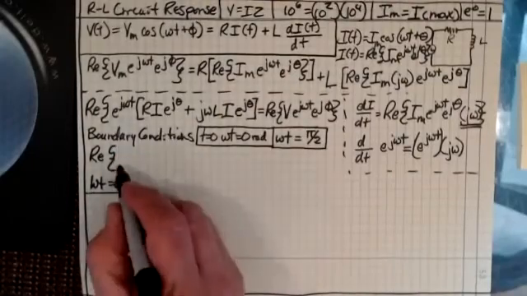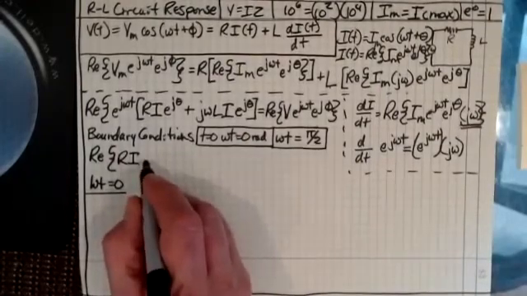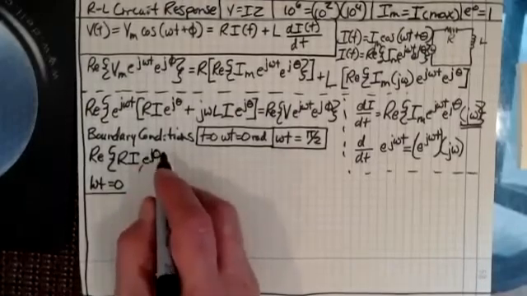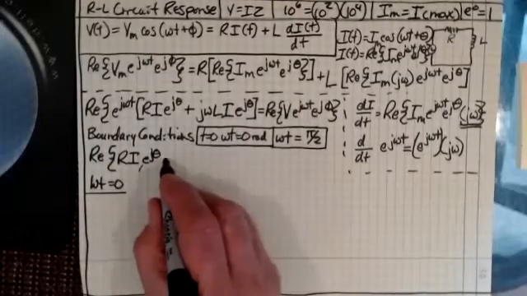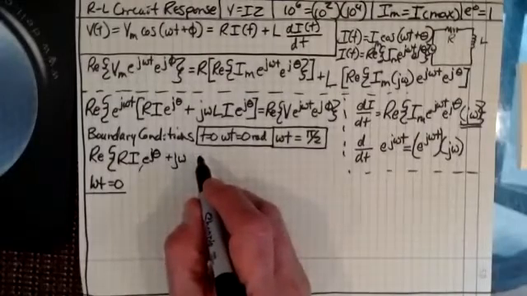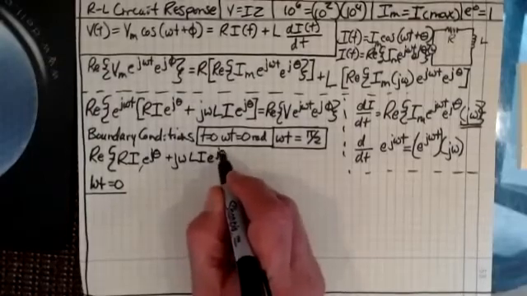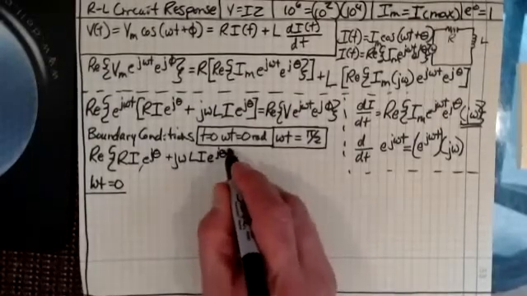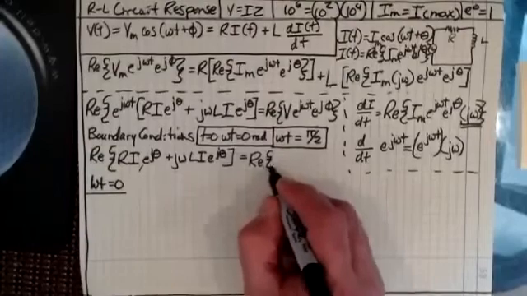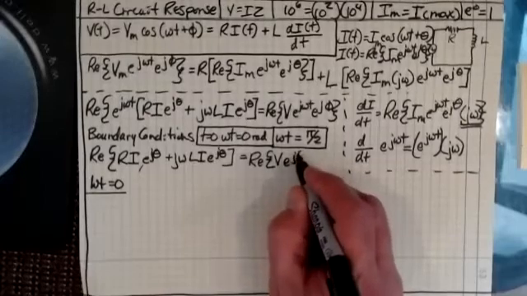I'm going to get the real of R I e to the j theta plus j omega L I e to the j theta, and that equals the real of V e to the j phi.